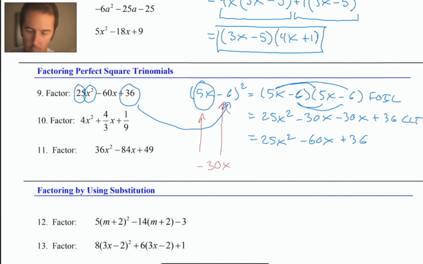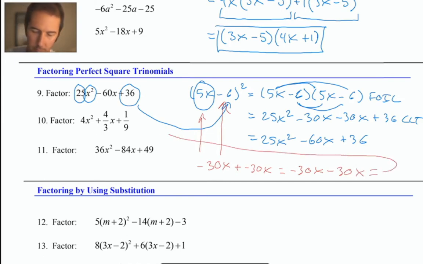And what happens if you multiply that by 2 or add it to itself? Let's even just add it to itself. What's negative 30x plus negative 30x? Well, that's the same thing as negative 30x minus 30x, which is equal to negative 60x.